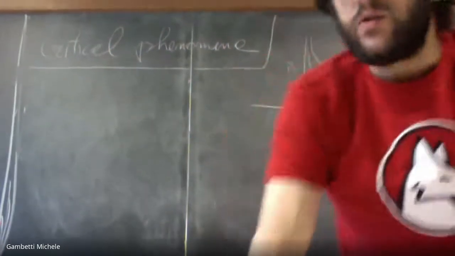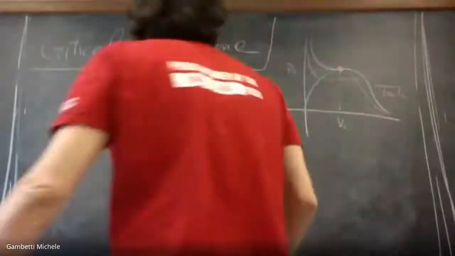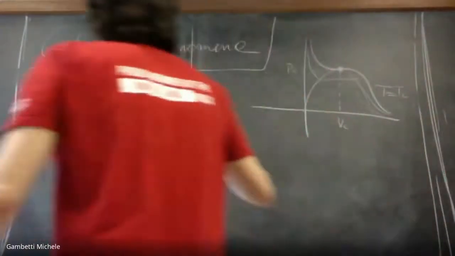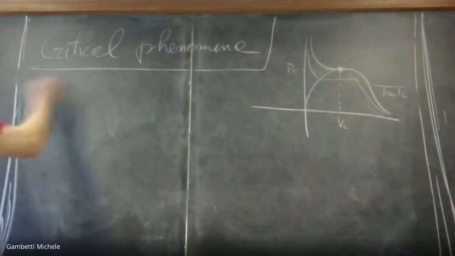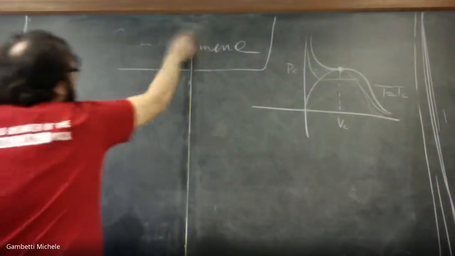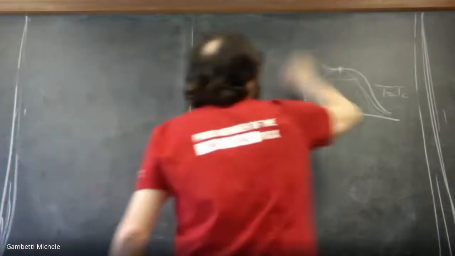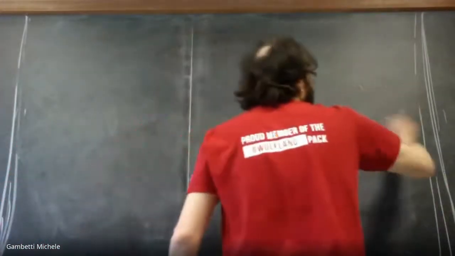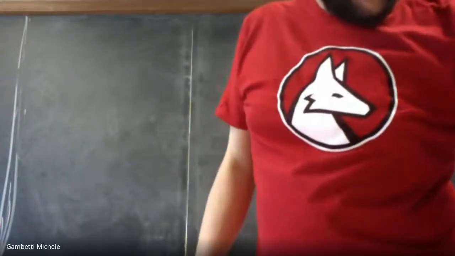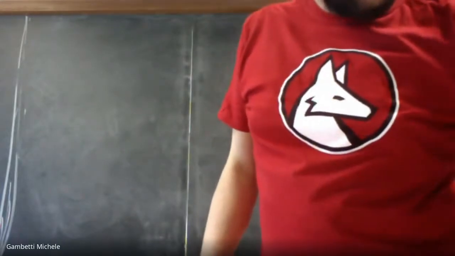So in any case, for those of you who have already seen the Ising model, you can go to the bar and have breakfast. Okay, so why do we like to introduce the Ising model?